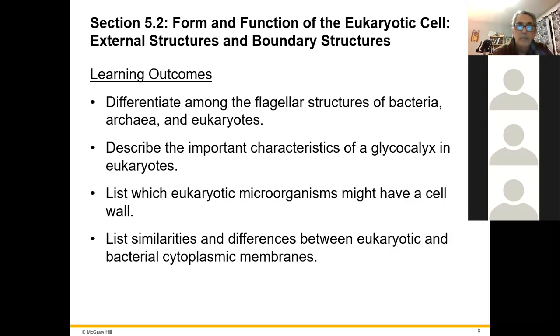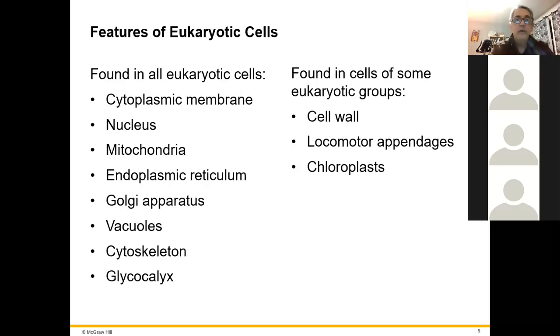their membranes. So features of eukaryotic cells: they all have a cytoplasmic membrane. They have a membrane-bound nucleus. They have mitochondria. They have an endoplasmic reticulum where protein synthesis occurs. A Golgi apparatus. They can have vacuoles.